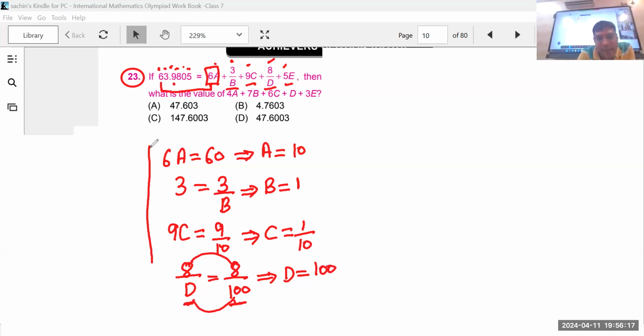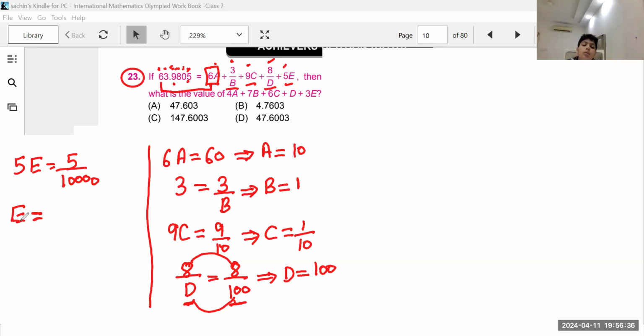Next, E I will write here. 5E is equal to 5 by 10,000 because this is the 10th, 100th, 1000th and 10,000th place. So what will be E equal to? 1 by 10,000.